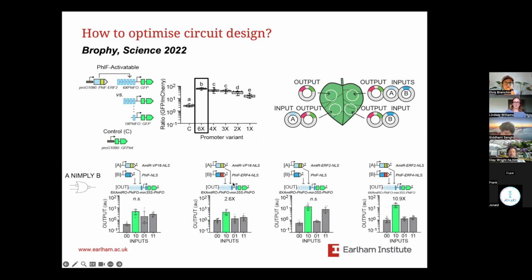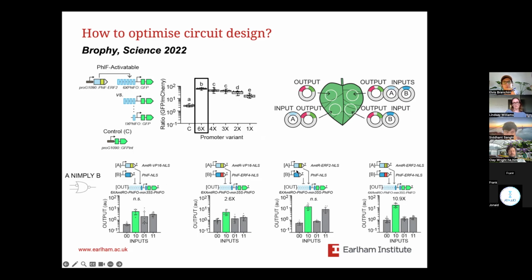And here what has been tested is different transcriptional activators and transcriptional repressors for the A imply B gate. As transcriptional activator, you have either the VP16 activation domain or the ERF2 activation domain. And then for the transcriptional repressor, either not using any repressor domain or using the ERF4 repression domain.